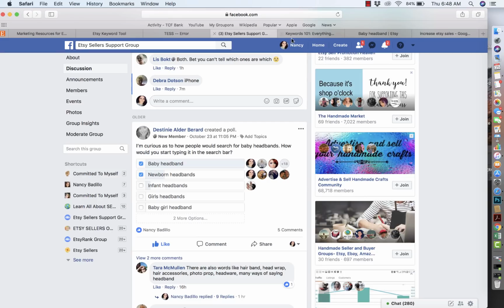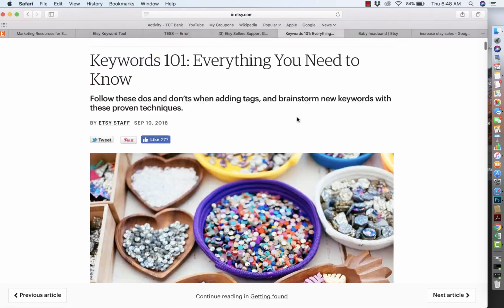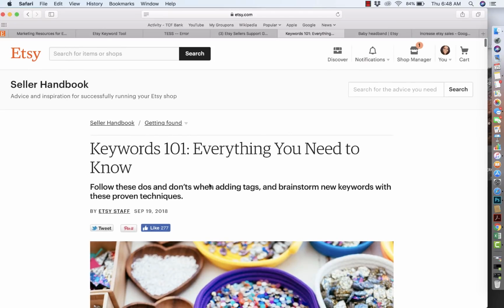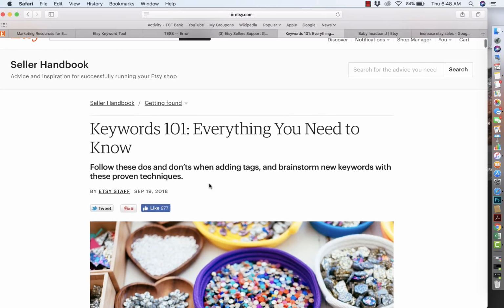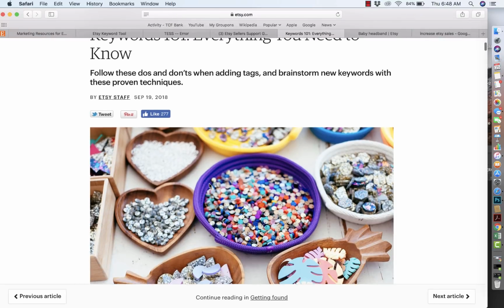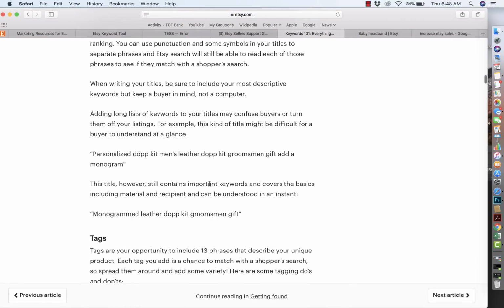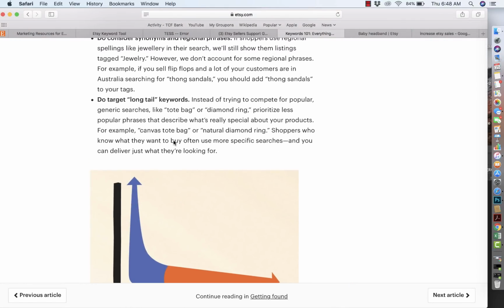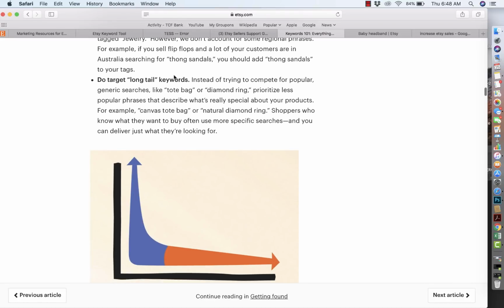Even Etsy says this. If you go to the ultimate guide, everything you need to know, which I posted in my Facebook group, they talk about tags, and about how trying to compete for popular generic searches like top bag or diamond ring is not something you should do.